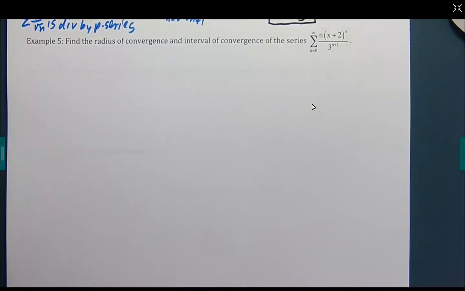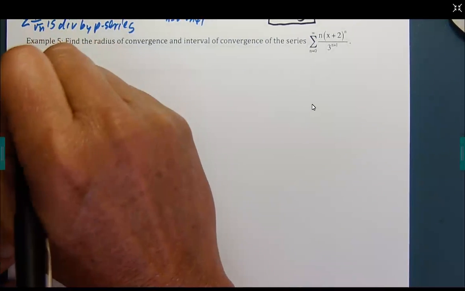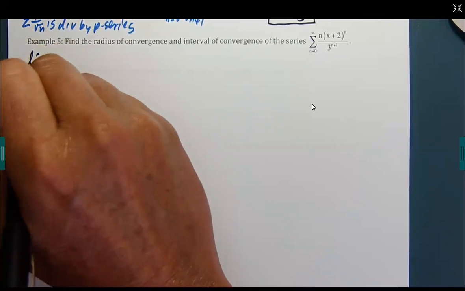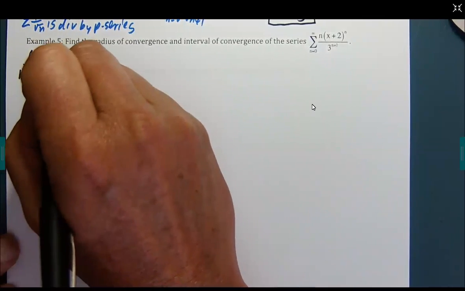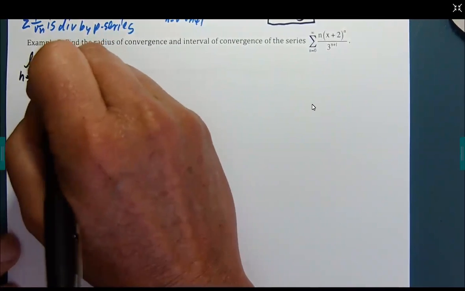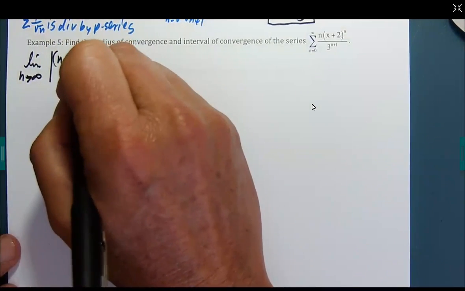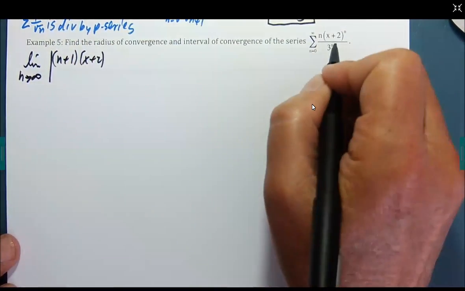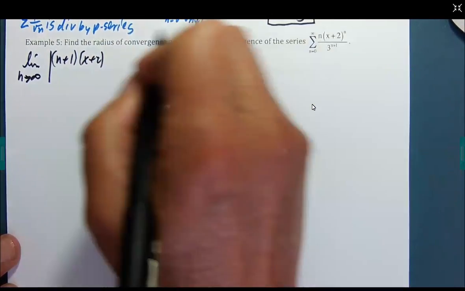Same question, find the radius and interval of convergence. So let's do the ratio test. Let's see, that'll be n plus 1, x plus 2. So we're centered at -2 in this case. It's always the opposite sign.